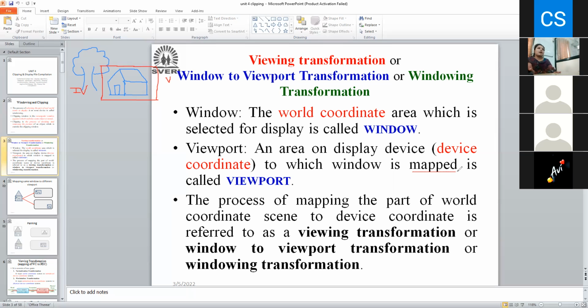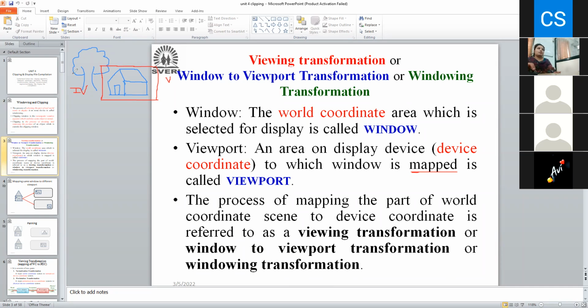So proportionate mapping is done. Whatever the dimensions of the object are, the ratio between the roof and the door, the ratio between the roof and the wall, the same ratio is mapped in the viewport picture also.